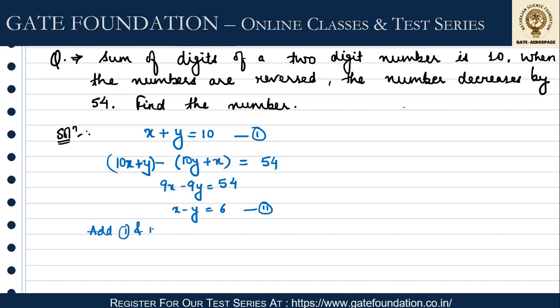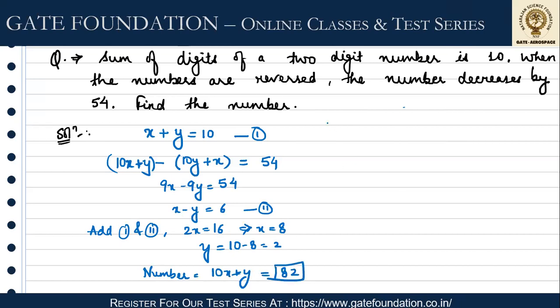Add 1 and 2. You get y cancelled. You'll get 2x equals 16, or x equal to 8. Now if x equals 8, y will be 10 minus 8, that is 2. So your number is 10x plus y, or 80 plus 2, that becomes 82.